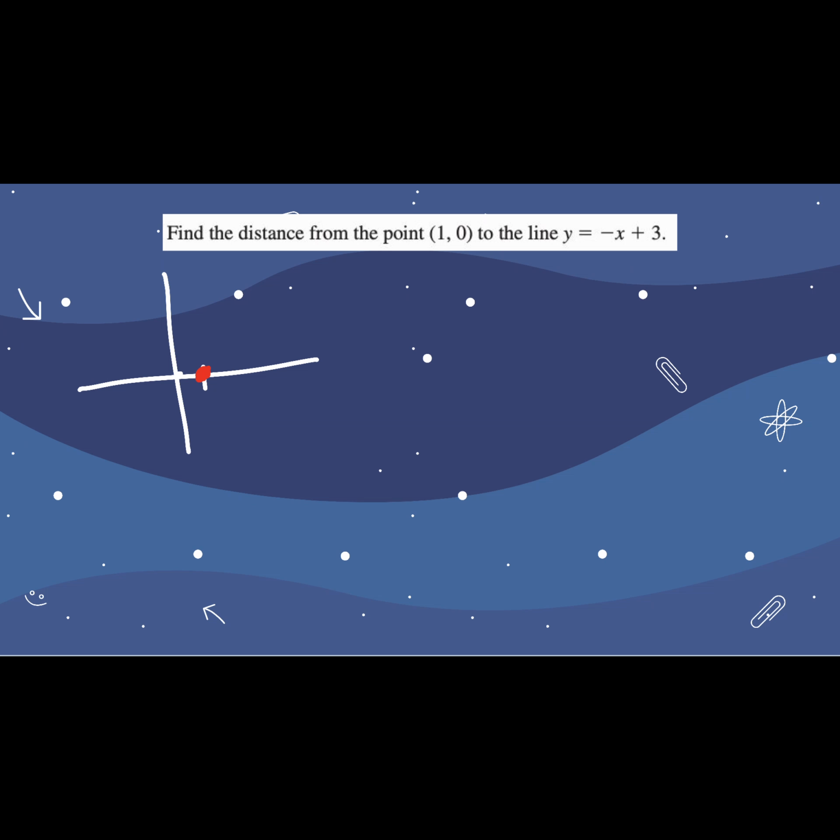So if it's negative x plus 3, positive 1, 2, 3, we know that it is going through this point in the negative direction. So it would look something like this. If we're just sketching it to give us an idea, we want to find the distance from here to our new line.